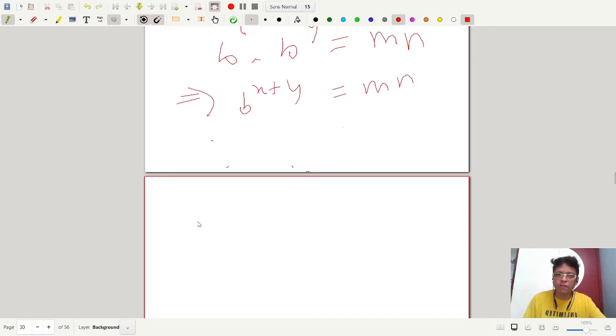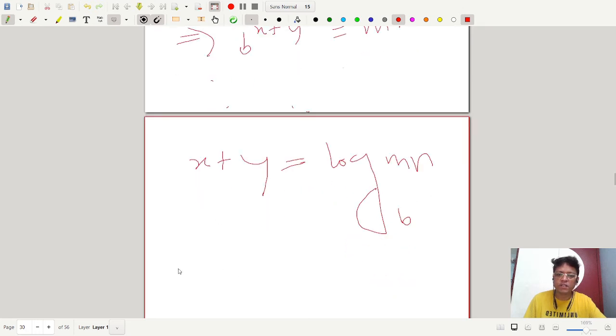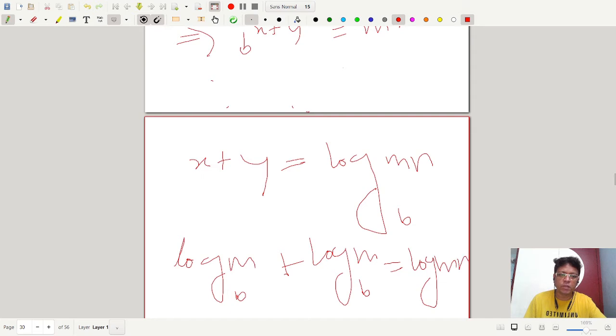So I'm using the definition of log: x plus y is equal to log mn base b. And what is your x? x is log m base b. What is your y? log n base b. That's it, equal to log mn base b. That is the proof.